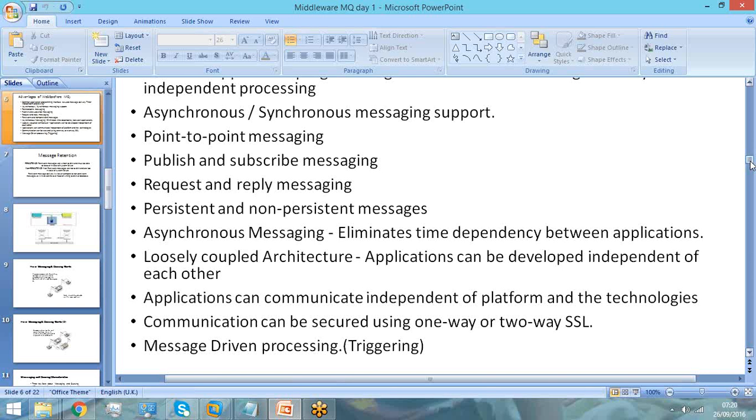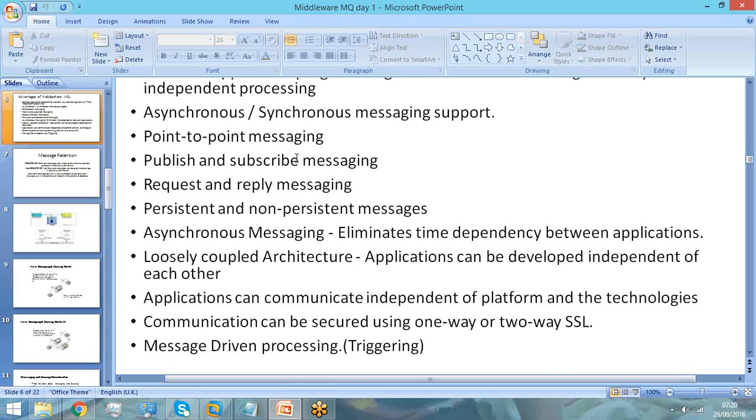Point to point is like I can communicate only with one person, but publish subscribe is where the message which I am sending can be delivered to a number of people. So these are the advantages. There is one more point of persistent and non-persistent messages that I will take in the next slide, so that's why I have not mentioned that.